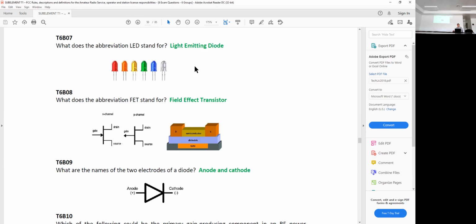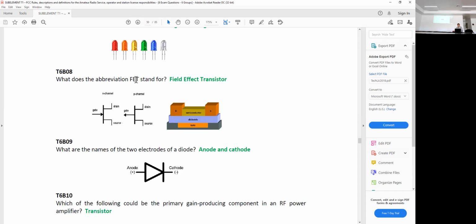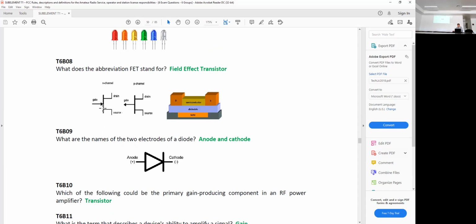They've replaced almost every incandescent lamp in our whole world. Unless people just want an incandescent lamp for the nostalgic nature of it, they almost don't exist. So they definitely changed the world. FET, field effect transistor. And you'll notice the symbol kind of looks like a transistor, but it's made all boxy.